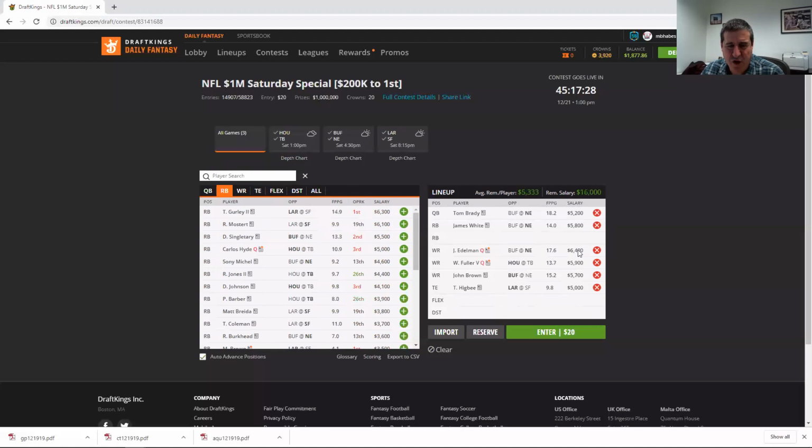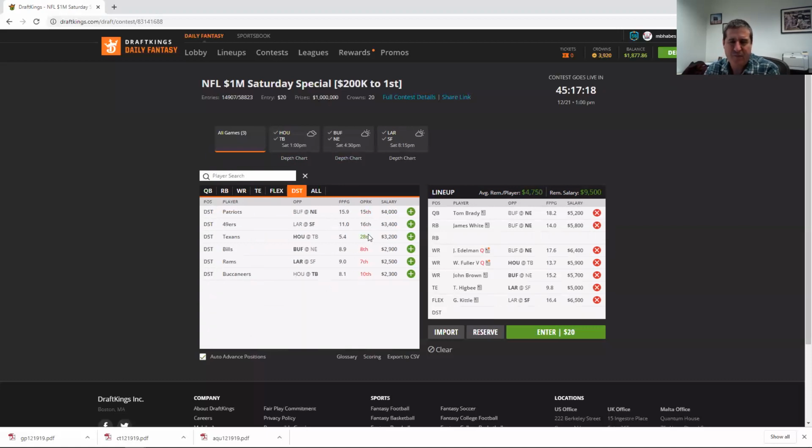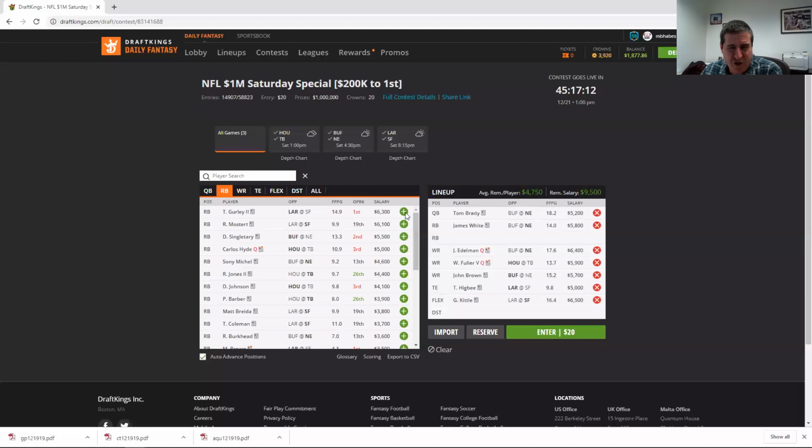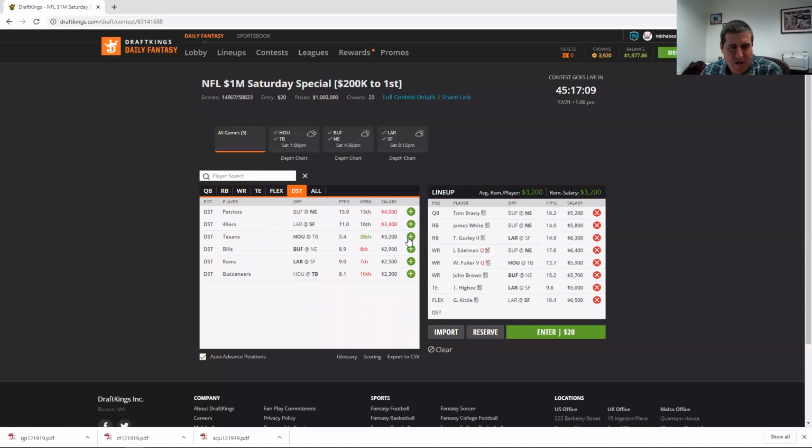Or the other thing you could do is go with what I said would be something like putting Kittle in here. And actually, if you put Kittle in here, you could still get all the way up to Gurley, and then you just have to do something like Texans D. And this plays pretty decently, because if you're fading all this Tampa Bay stuff, I think the Houston defense is probably a good idea.